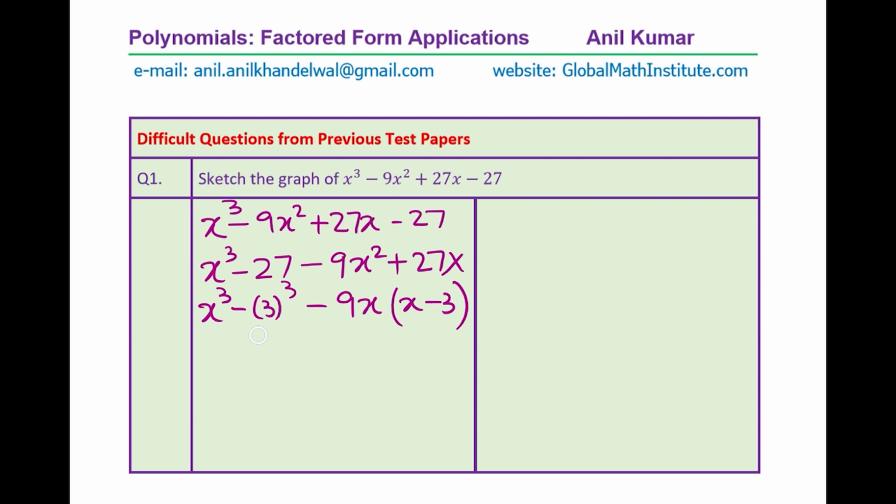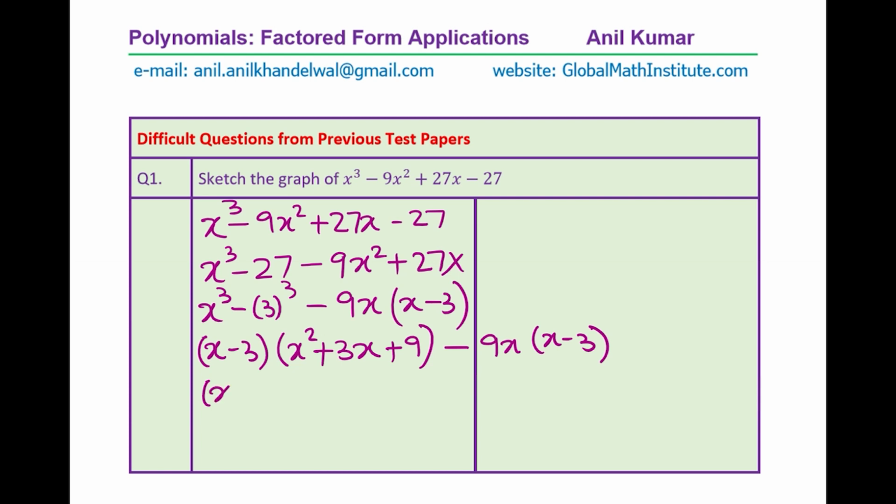Now applying the formula for difference of cubes, we can factor x cubed minus 3 cubed, which can be written as x minus 3 times x squared plus the product, which is 3x, plus 3 squared, which is 9, and we have this term as minus 9x times x minus 3. Now clearly, x minus 3 is common. So we can write this as x minus 3 times x squared plus 3x plus 9 minus 9x.